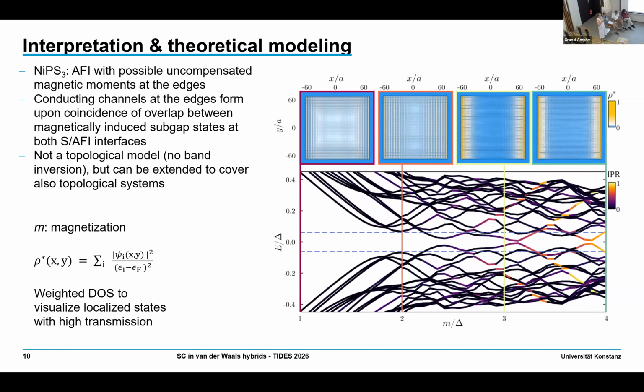There might be a situation where both interfaces are spatially close together, and then they could form a conductive state. There are also analyses of the temperature dependence, which suggest that there might be edge states with a width of the order of 40 nanometers or so.